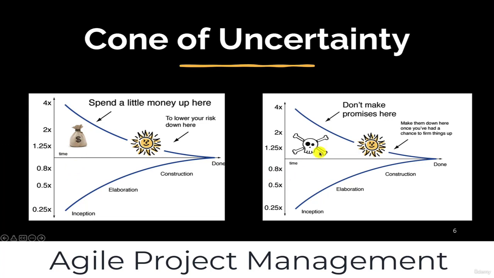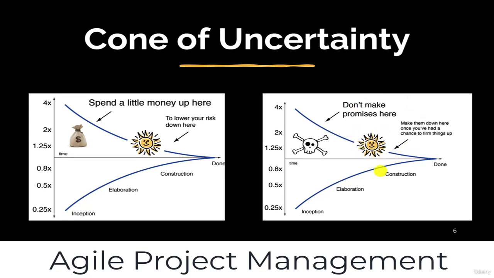There are many risks like we see here, and you shouldn't spend a lot of money. If you spend a lot of money at the beginning of the project, this money might be wasted. The project might fail and you don't get any revenue. But while the project is progressing, the uncertainty decreases because you gain more information about the project. In this case, you can spend a lot of money and you can make promises.